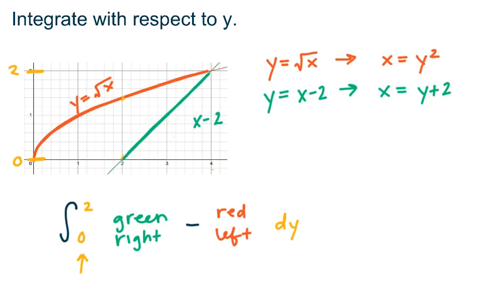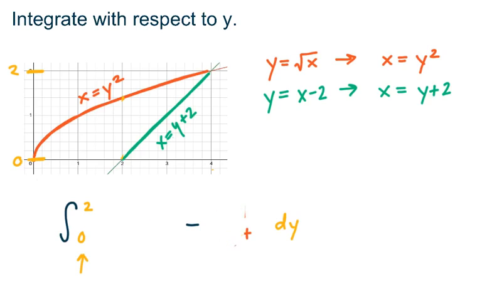So if I think about it that way, I have x equals y squared and x equals y plus 2. So what that means is my right function would be y plus 2, and my left function would be y squared. So we would integrate in that regard, right?